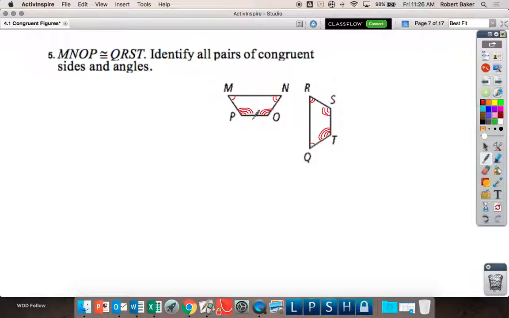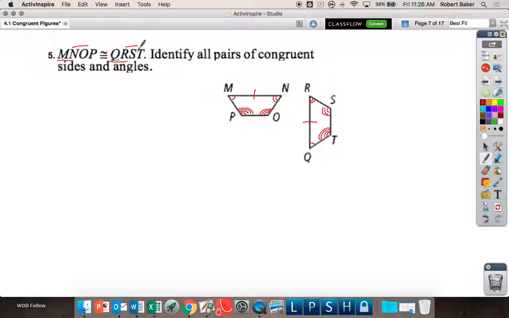If side MN corresponds to QR, so MN gets 1 mark, QR gets 1 mark. That's the first 2 letters of each statement. Then NO and RS.